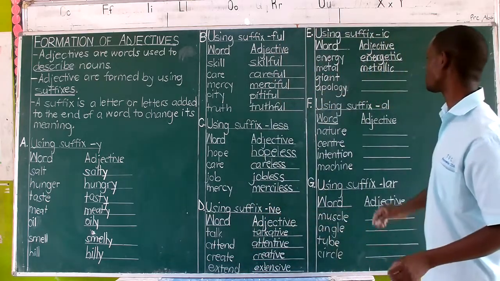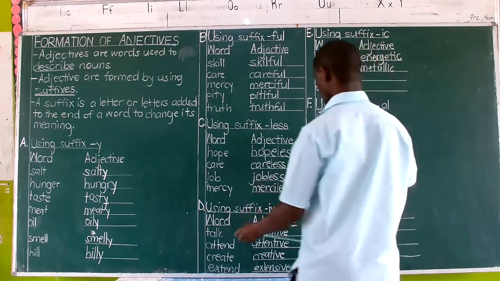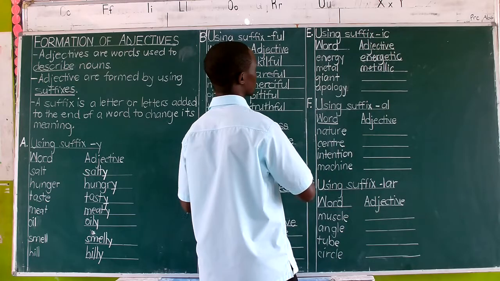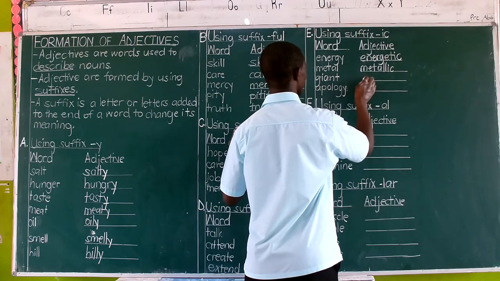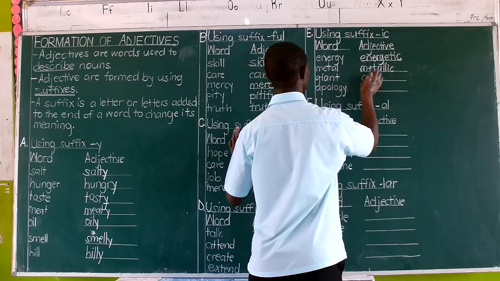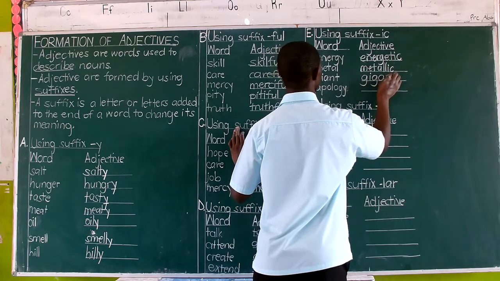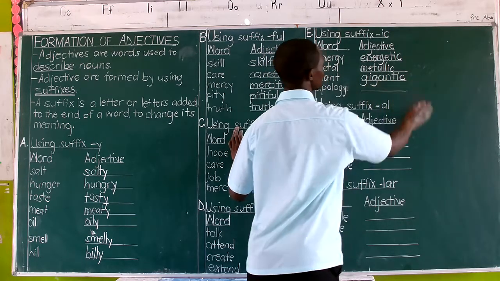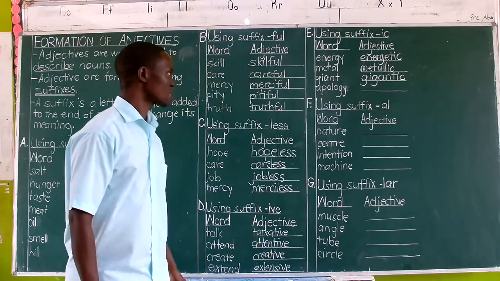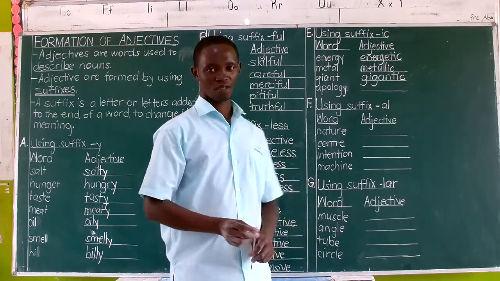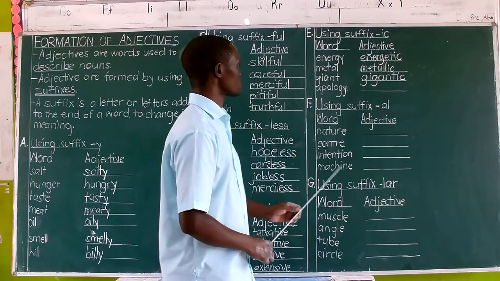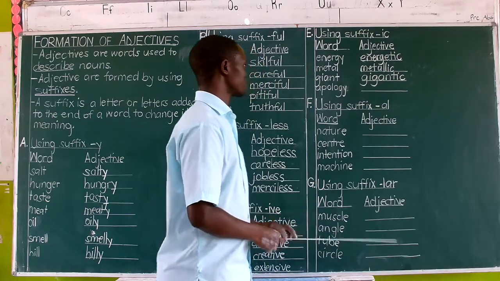Next, we have giant. From giant, which means very large, we get the adjective gigantic. Oh, the spelling. Gigantic, very large or very big. That is gigantic. Get the spelling and the pronunciation as well. Gigantic. Then apology.